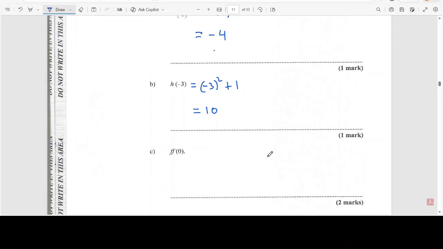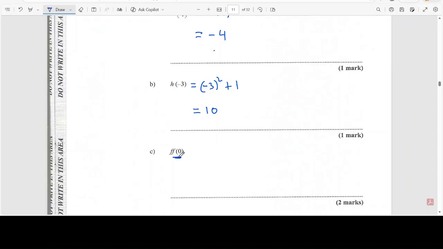F of f of 0. So this is a composite function with value substitution. What do we have to work first here? You always work the second part first, or the part where the number is closest to.